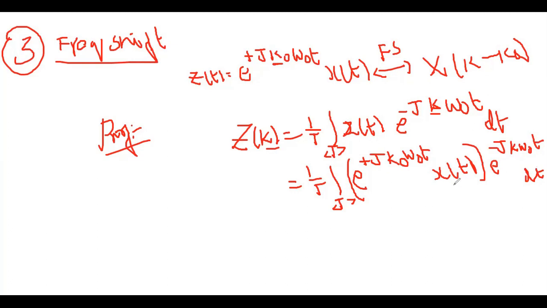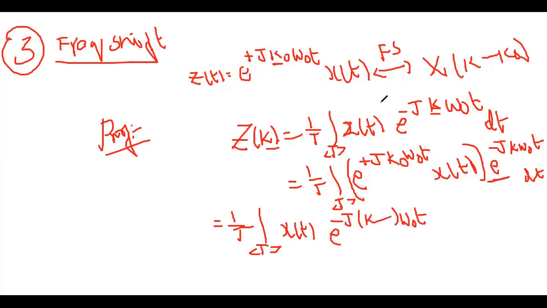Now the bases are the same, so you can add the powers. 1 by T the integral, x of t you can keep here, x of t into e power. Take minus j as common, and omega naught t is also common in both terms. Taking minus j, we have k here, and minus into minus is a plus, minus k naught.